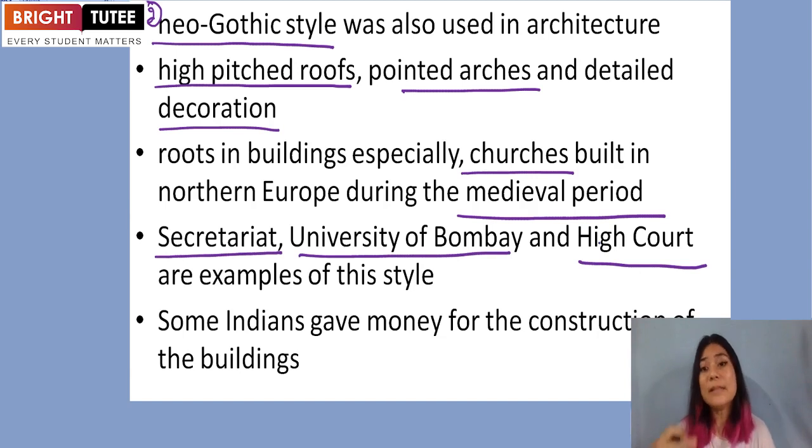Now, when building these kinds of buildings, not all the time did the British government sponsor the construction. Sometimes wealthy Indian merchants and traders also sponsored some amount of money for the construction of the imperial buildings.